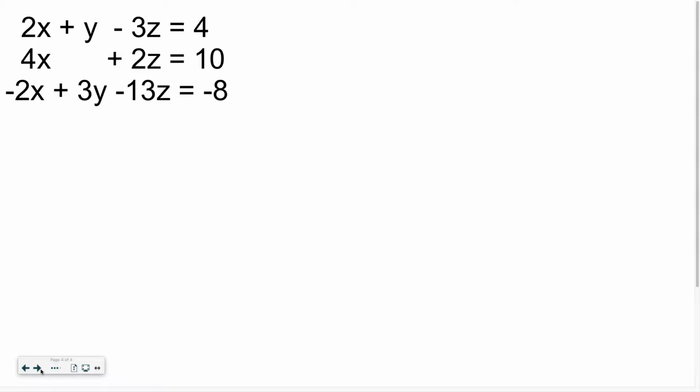But if we have a variable already missing, half of our work is done for us. We can say, all right, in the second equation I don't have a y, so I can take the first and third to eliminate y, and I only have to do that one time. Okay? So over here I'm just going to write that we have 4x plus 2z equals 10.